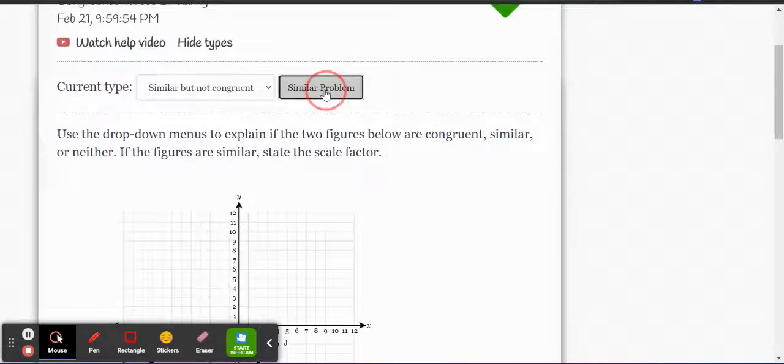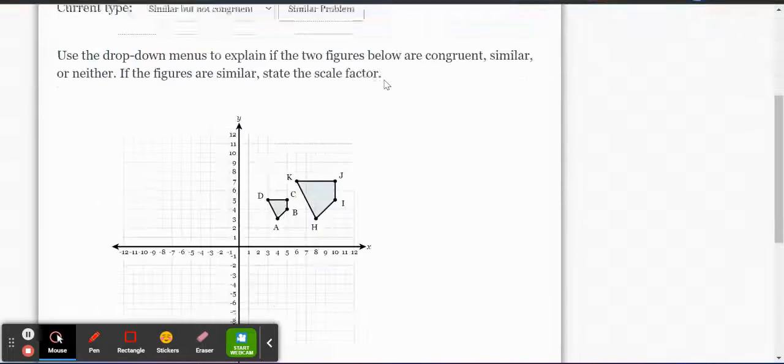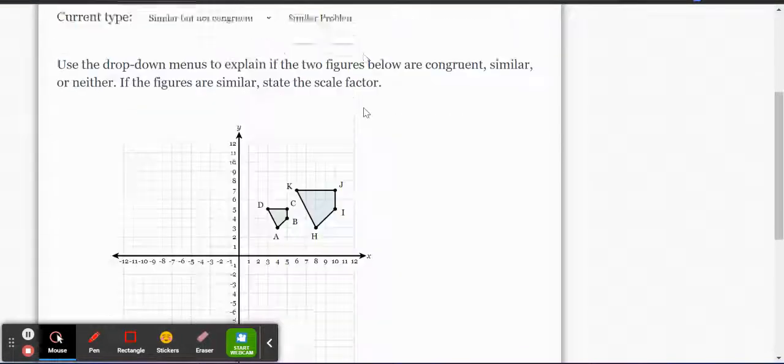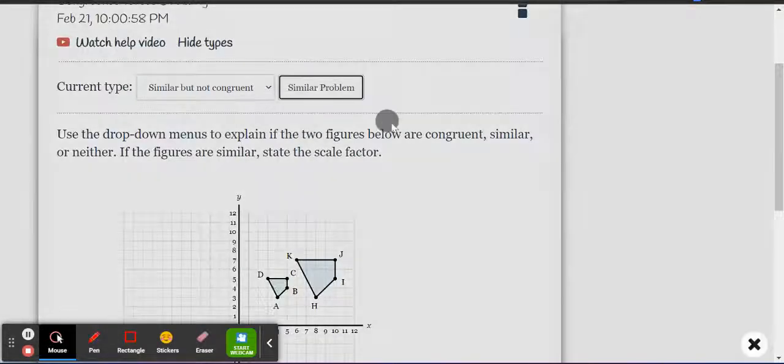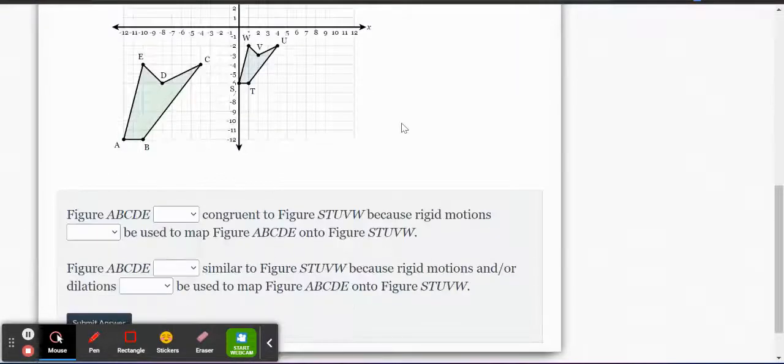Okay, let's look at another similar but not congruent scenario. Is this getting bigger or smaller? This one's getting bigger. I want something that gets smaller. Okay, right here. Perfect. So this one, A, B, C, D, E, it's not congruent, so rigid motions cannot be done.